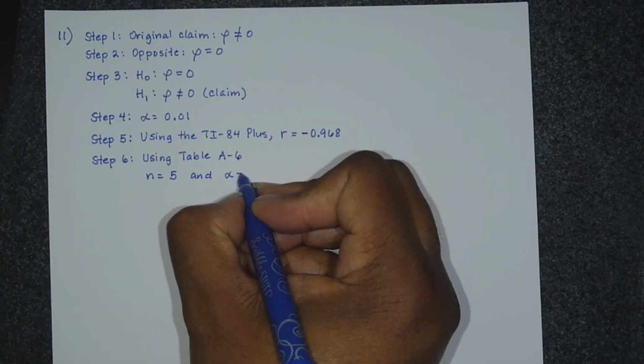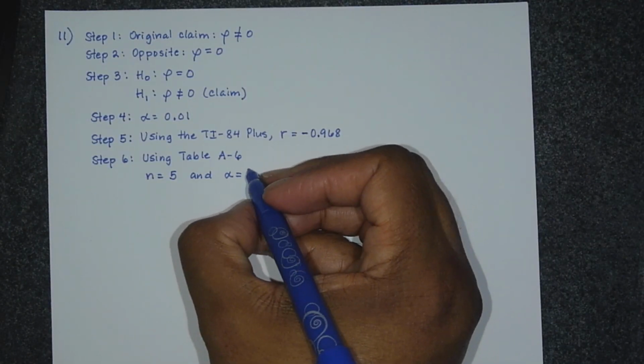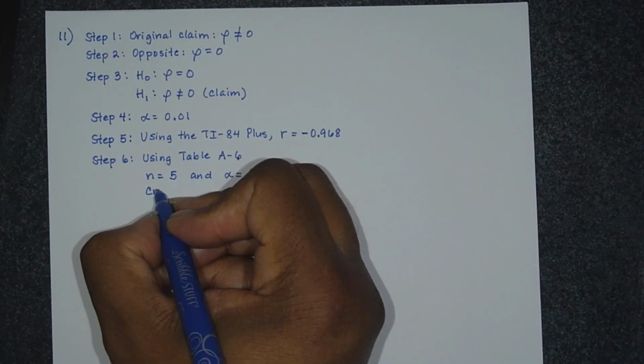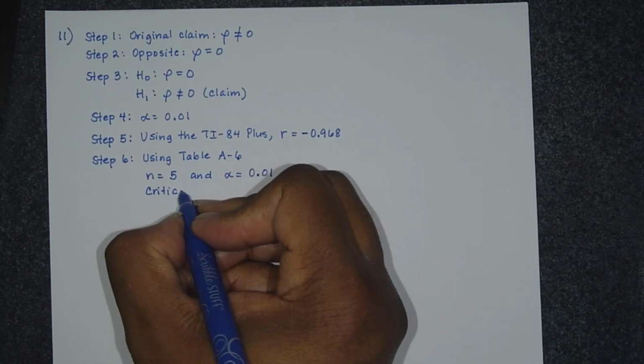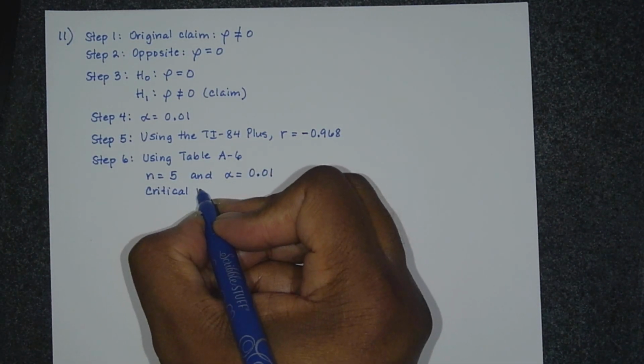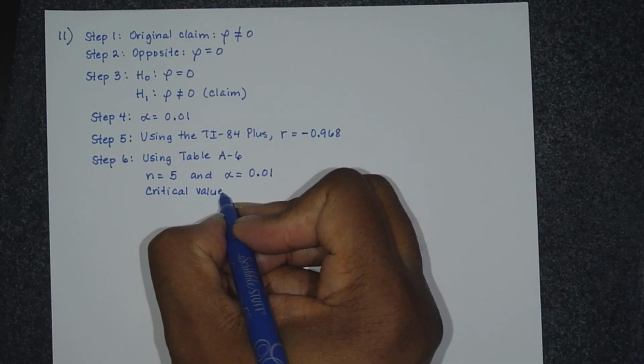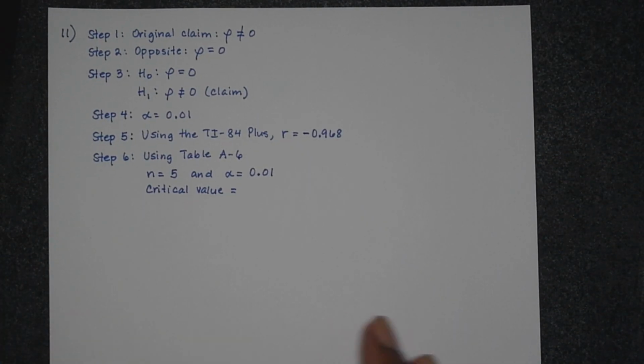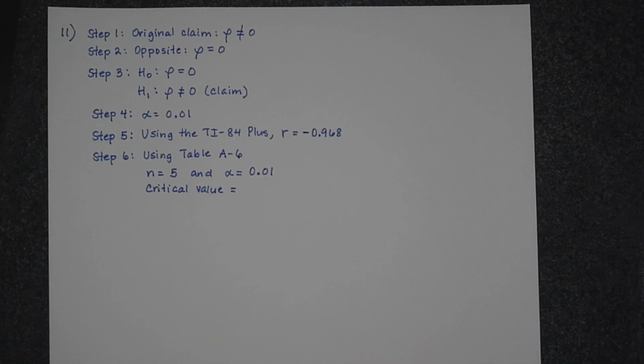The alpha level is going to be 0.01. So what would be that critical value there?